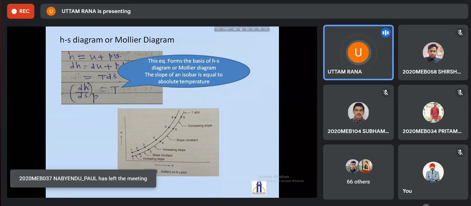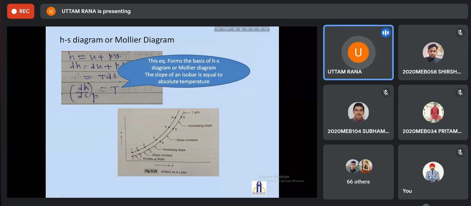Then we have the saturated liquid corresponding to melting. That saturated liquid will be converted to saturated liquid at 100 degrees centigrade if we keep pressure at 1 atmosphere. During this process, again sensible heating, temperature is increasing, and the slope of the curve should again increase.